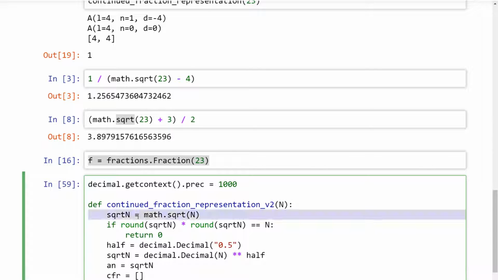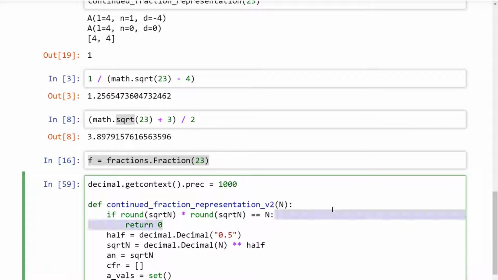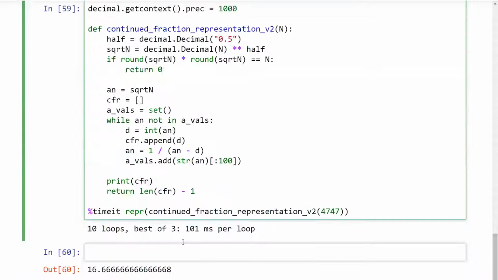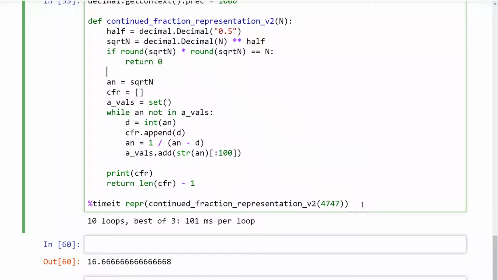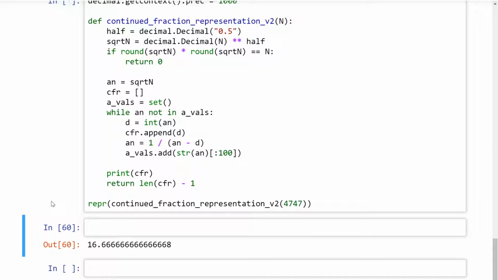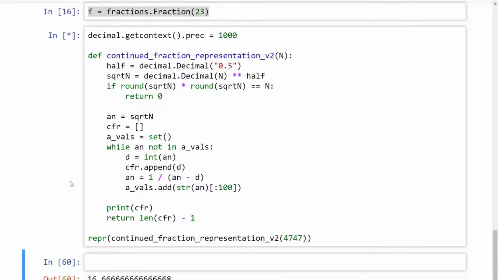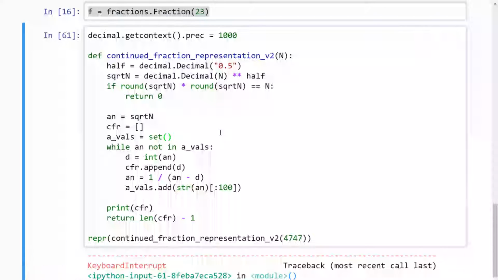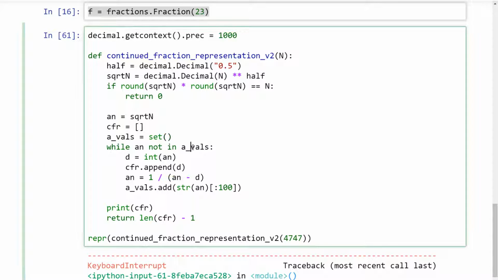No, we don't need that. Right? Okay, so let's do... Interesting. Let's see.